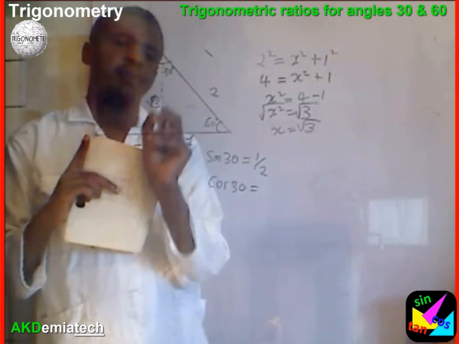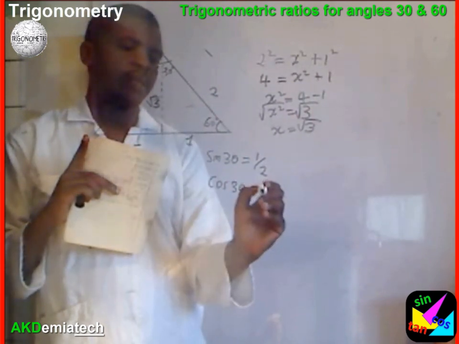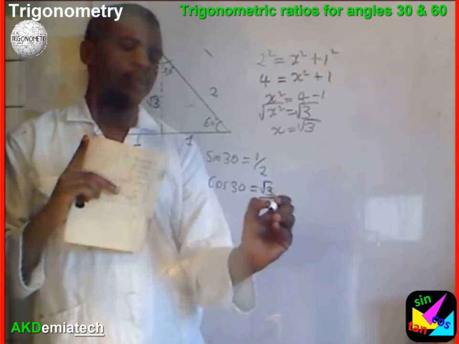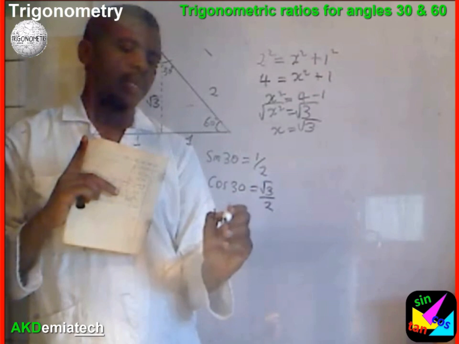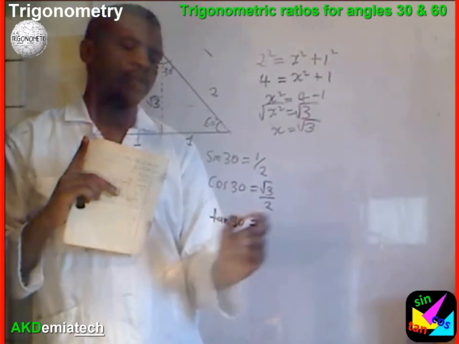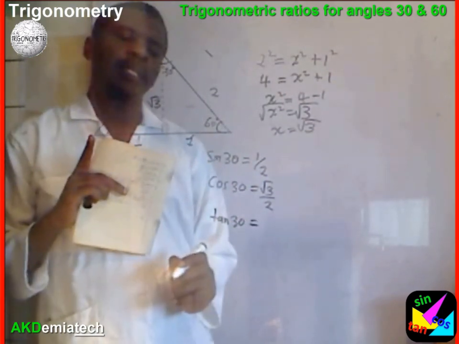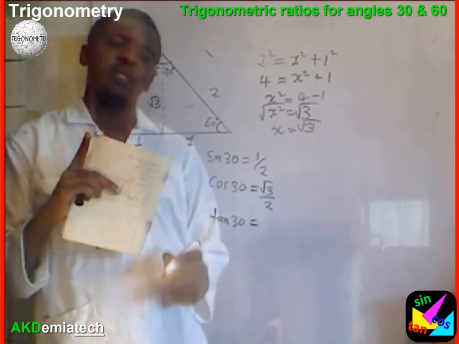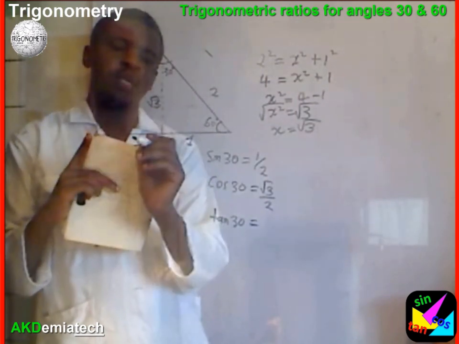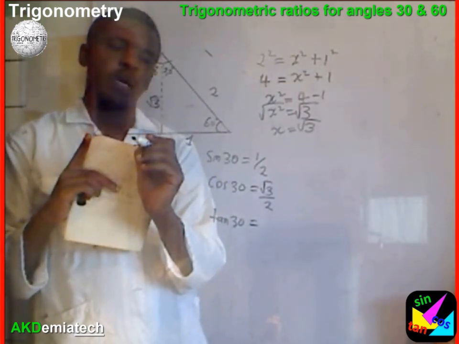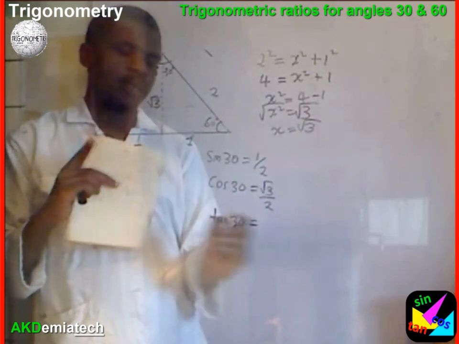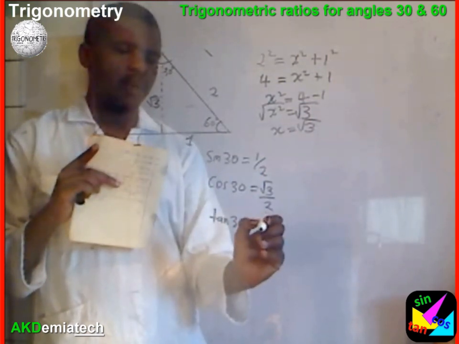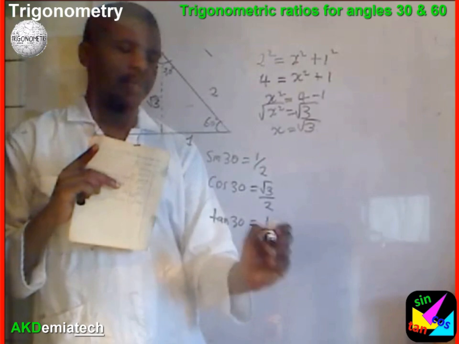So I have this adjacent here, square root of 3 all over 2. Tan 30 is equals to opposite all over adjacent. This will be 1 all over square root of 3.